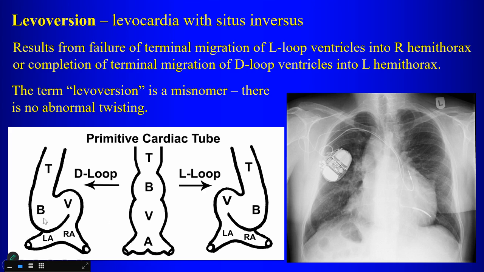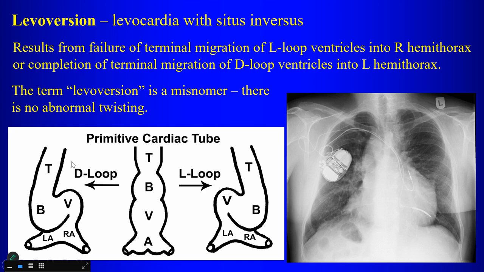But again, with a discordant cardiac loop, what kind of atrioventricular connections do we have? Are they concordant or discordant? Do we have atrioventricular concordance or atrioventricular discordance? Discordance, right.